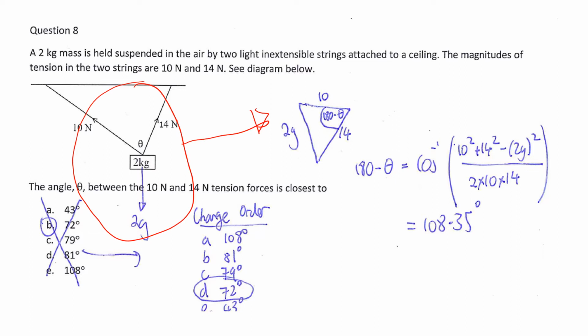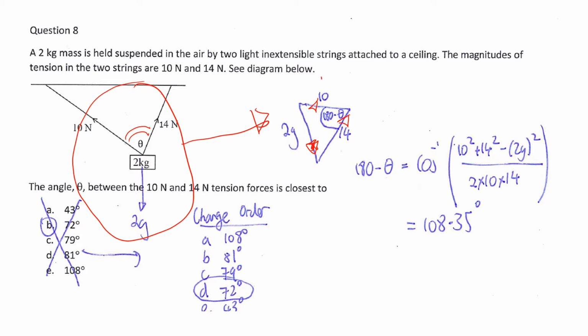So there's our weight force, and then there's our 14 Newton force, and then there's our 10 Newton force. Now recall the angle theta is the angle between the 10 Newton force, but in the closed triangle that becomes 180 minus theta. Okay, and then it's all about using the cosine rule.